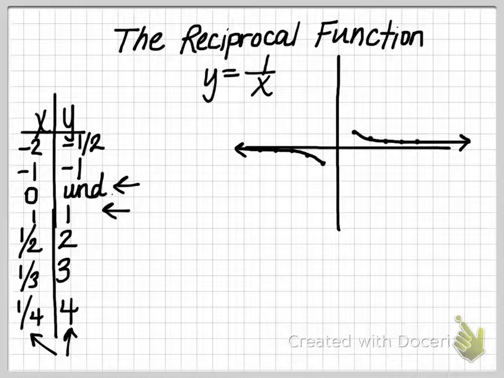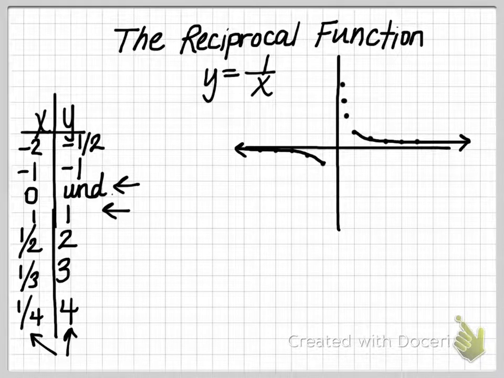So now let's plot those points. When my x value is 1/2, I'm going from the origin right 1/2, and I'm going to travel up 2 for my y value. When my x value is 1/3, right 1/3, I'm going to travel up 3. And right 1/4, I'll travel up 4.